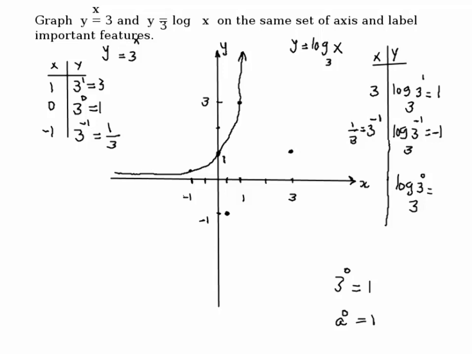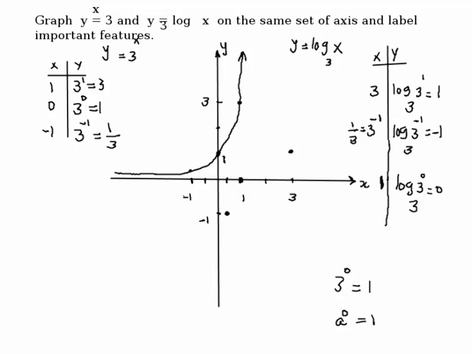So if x is equal to 1, then we have log of 1. I'm going to replace 1 with 3 to the power of 0 so I can see that it's equal to 0. Everybody see what we're doing here? So if x is equal to 1, y is equal to 0. So my graph is going to pass through this point here.